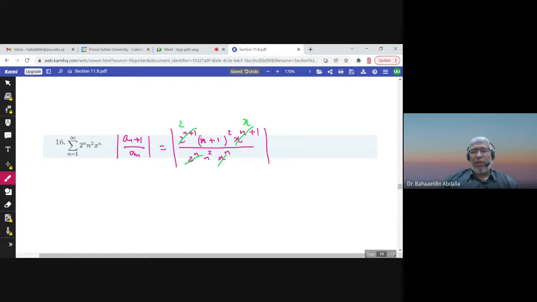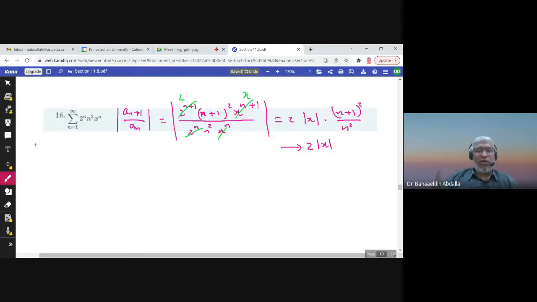Okay, I have 2. I have absolute value of x. I have (n plus 1) squared over n squared. The limit of this is 1 when n approaches infinity. So the limit is 2 times absolute value of x.